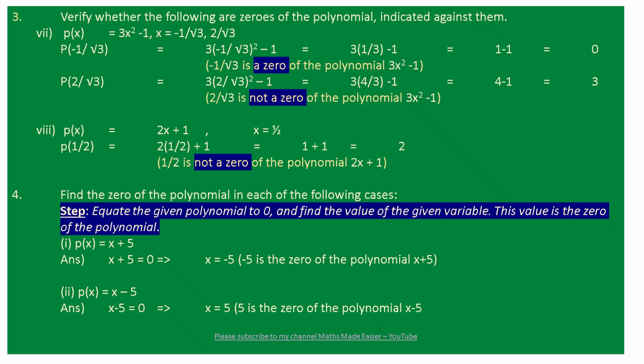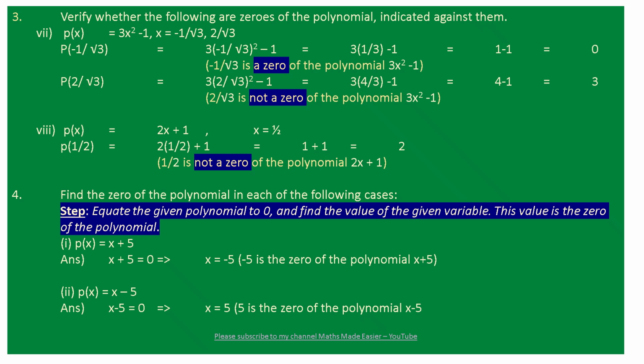Whereas the value 2 by root 3, if you replace onto the variable x in the given polynomial, it will not be equal to 0. So 2 by root 3 is not a 0 of the polynomial. Sum number 8, it's a specific case where the given number is not a 0 of the polynomial.